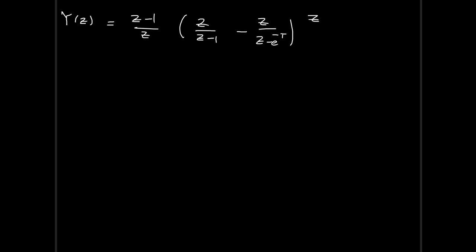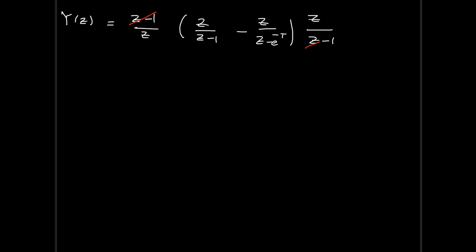So now we can write Y of z equal to z minus 1 over z multiplied by z over z minus 1 minus z over z minus exponential minus T, multiplied by the unit step sequence, which is z over z minus 1.